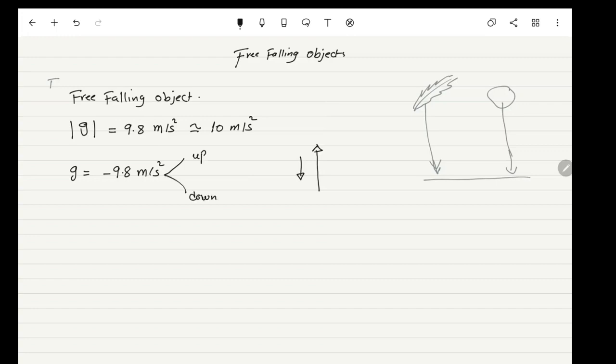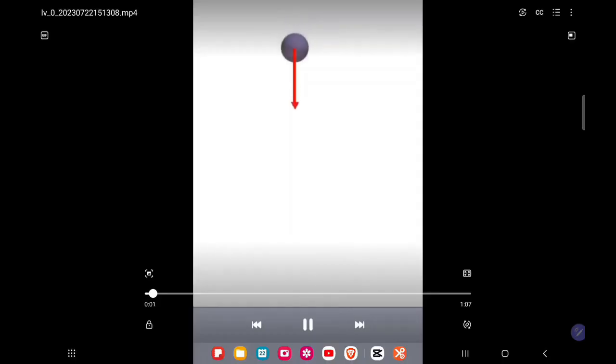As we can see in this model, a ball is freely falling downward. The velocity of this ball is increasing, but in the negative direction. The negative indicates that the ball is going down. While the ball is going up, the velocity is decreasing, but it's positive. So positive is up, negative is down.